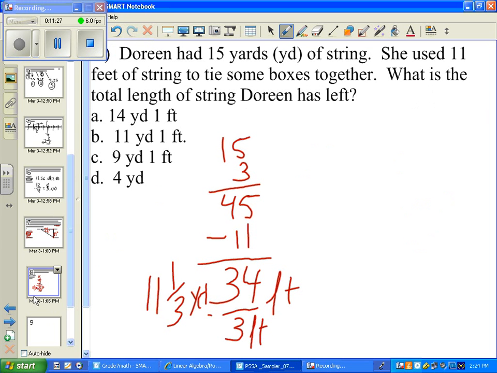Another way that you can do this is just by inspecting the answers. She started out with 15 yards and she used 11 feet. Well, this is too much. This is too little. So it's going to be either of these two: 11 yards 1 foot or 9 yards 1 foot. But if we're using 9 yards, that would be 9 yards left of 15 yards in the beginning.